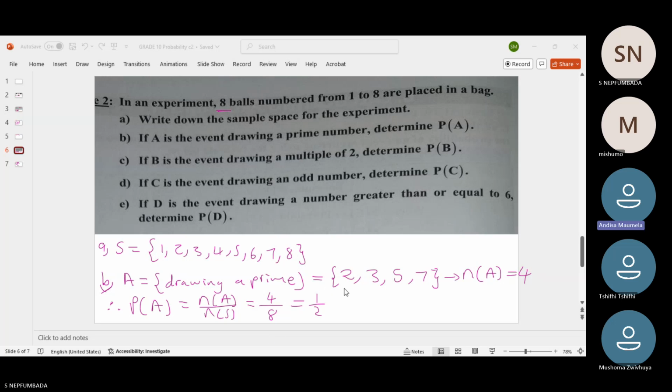The prime numbers in this situation are 2, 3, 5. But how do you define a prime number?